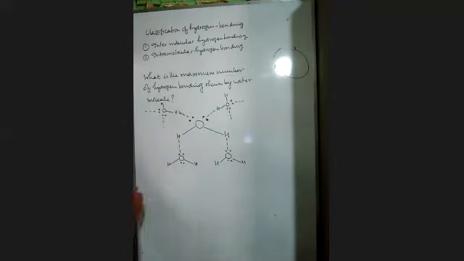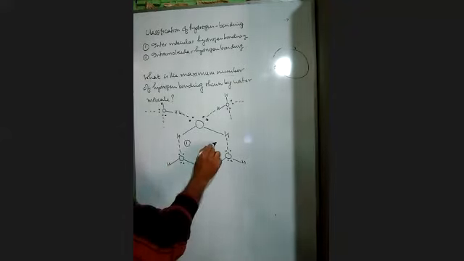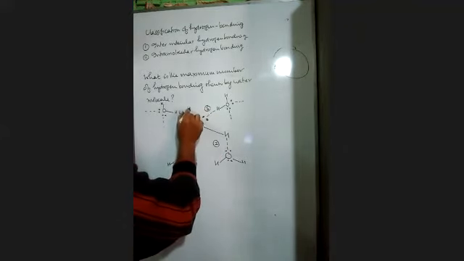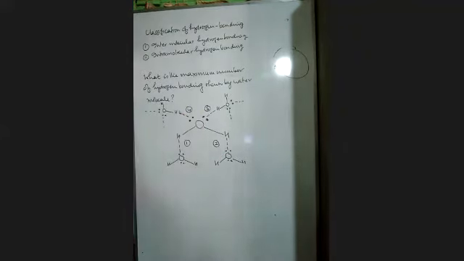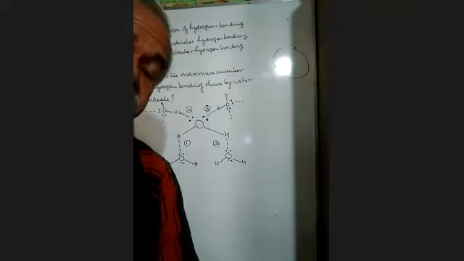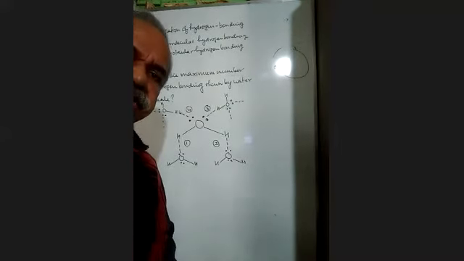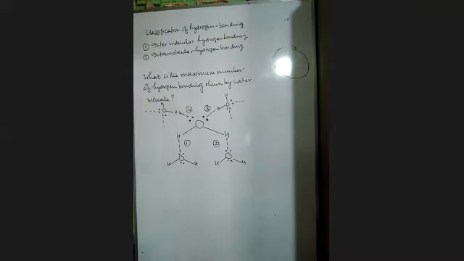So how many are there? 1, 2, 3, and 4. This is the maximum number of hydrogen bonds you will find in the water molecule. Okay, so please remember this for your entrance exam.